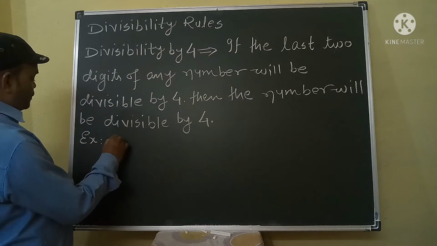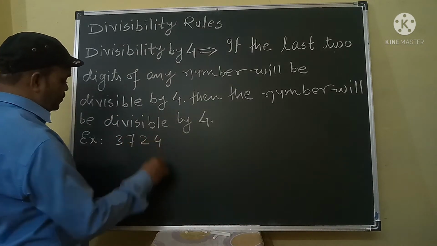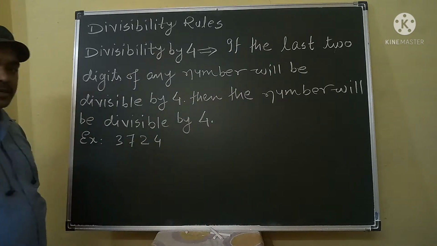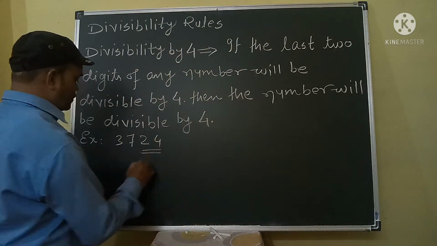Suppose, for example, this is 3724. In 3724, what are the last two digits?